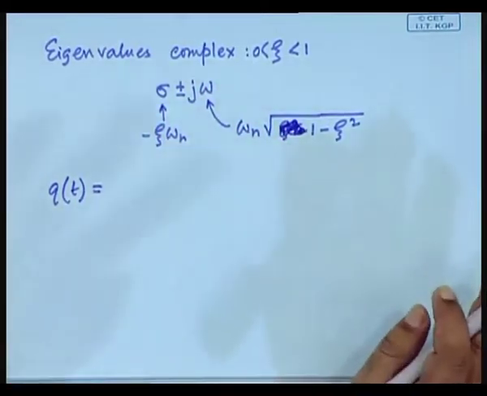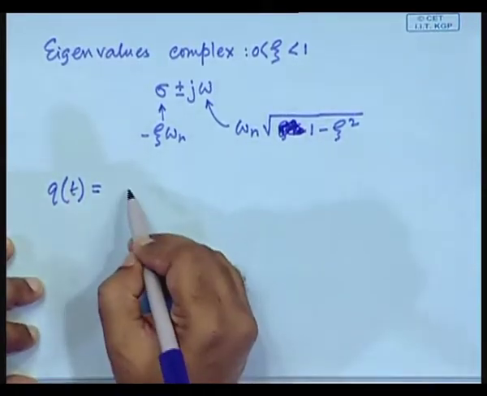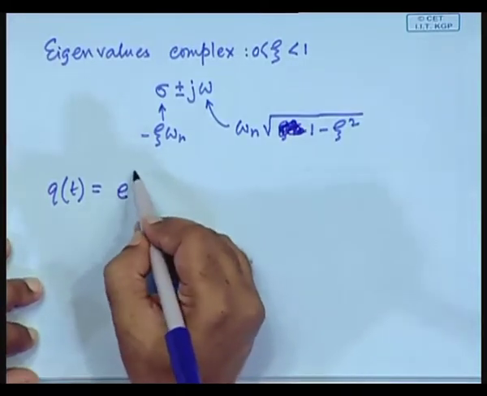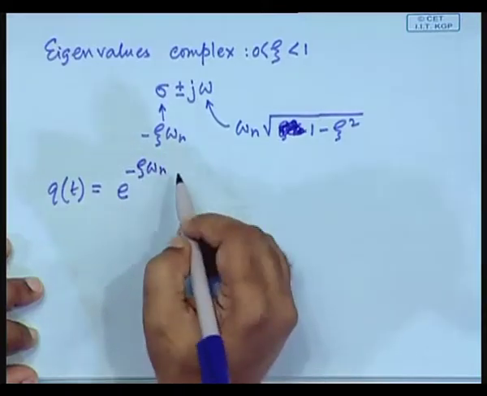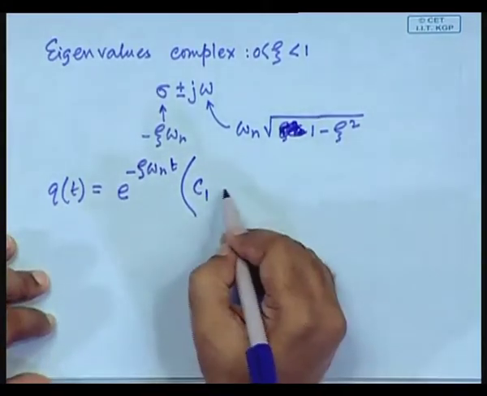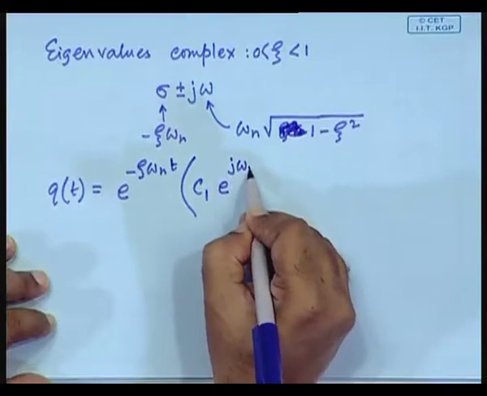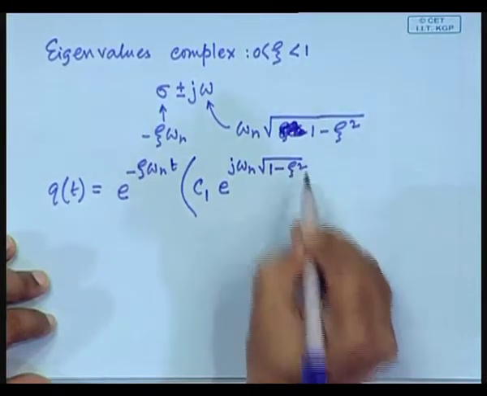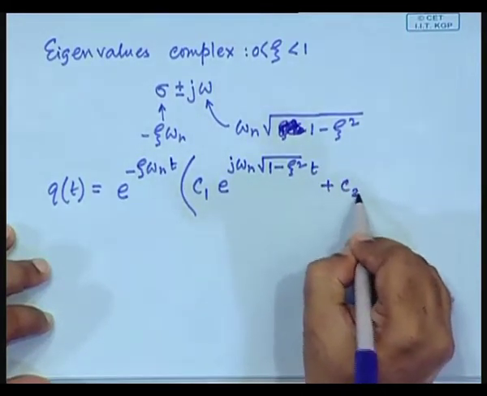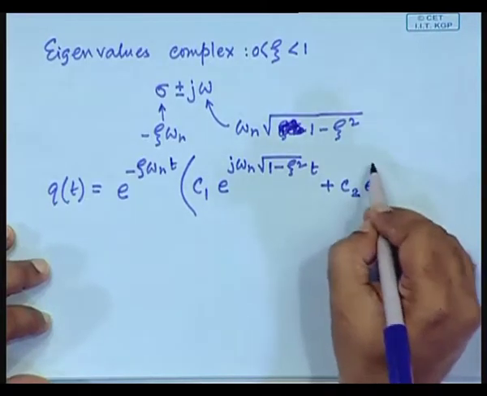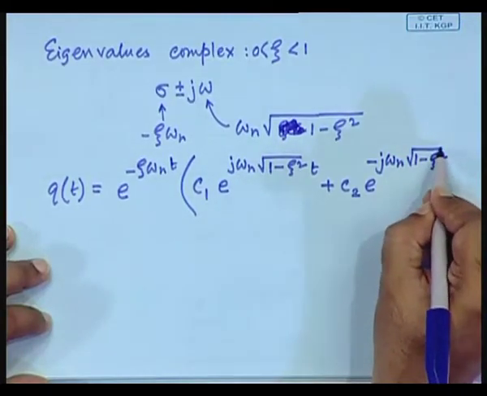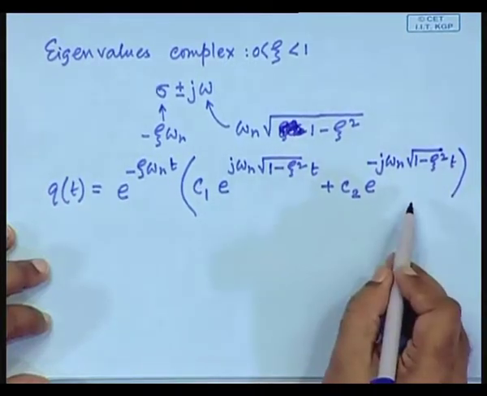Because we have already done it, and the solution is exponential, the real part first, it is minus zeta omega n t, c 1 e to the power j omega n root over 1 minus zeta square t plus c 2 e to the power minus j omega n root over 1 minus zeta square t.